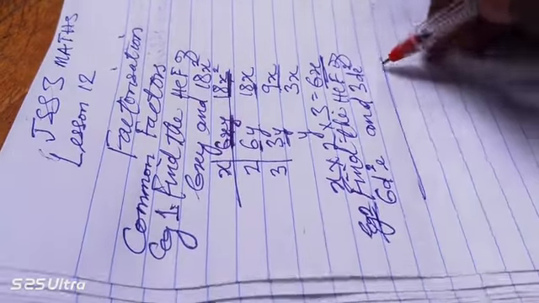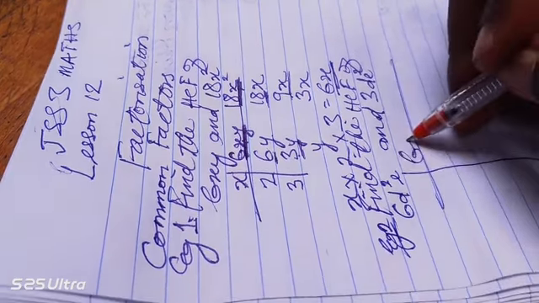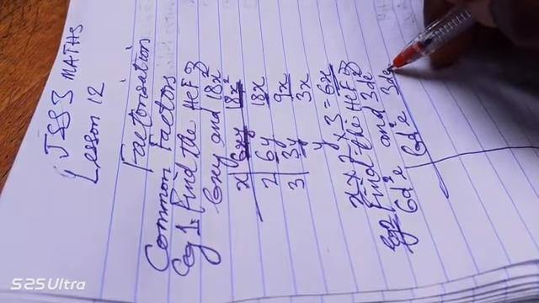As usual, we'll draw our lines. This is our 6d squared e, and this is our 3de squared.